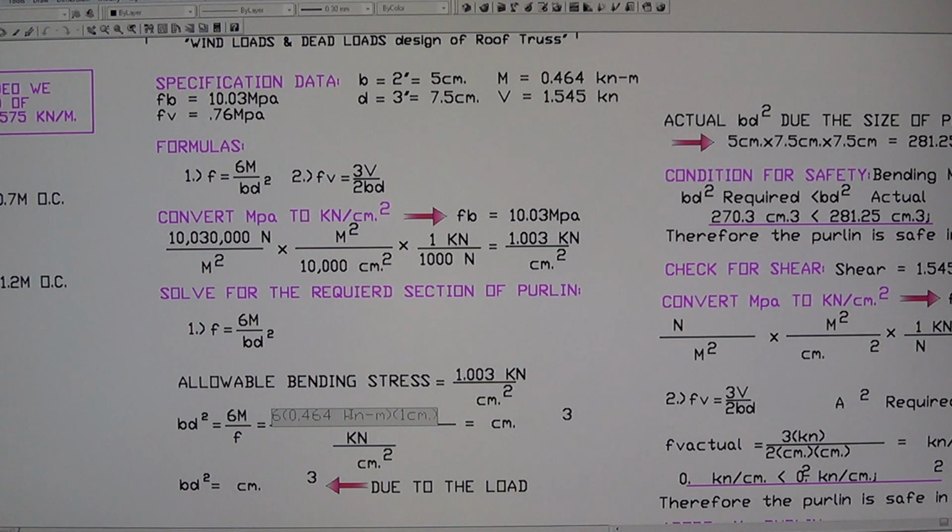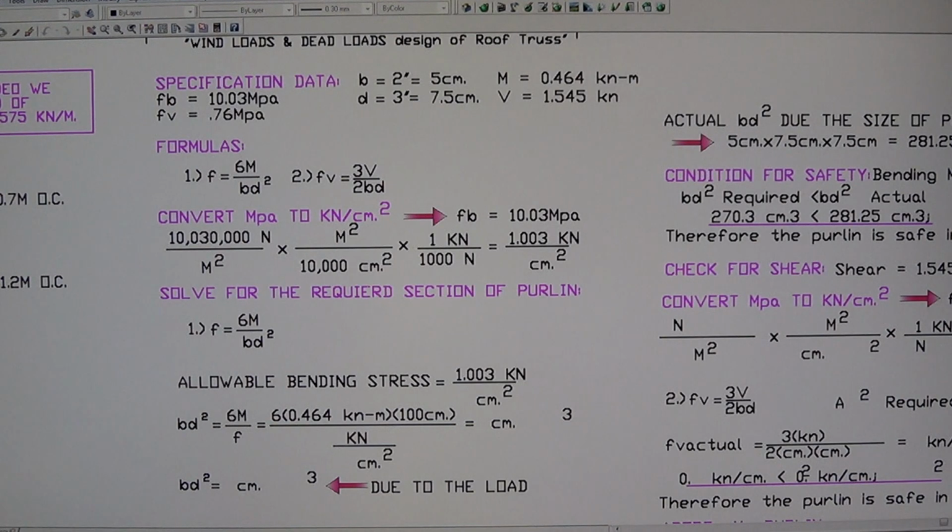and since this is in meter, we're looking for centimeter. So the meter will be converted to centimeter. To do that, multiply this equation here by 100.